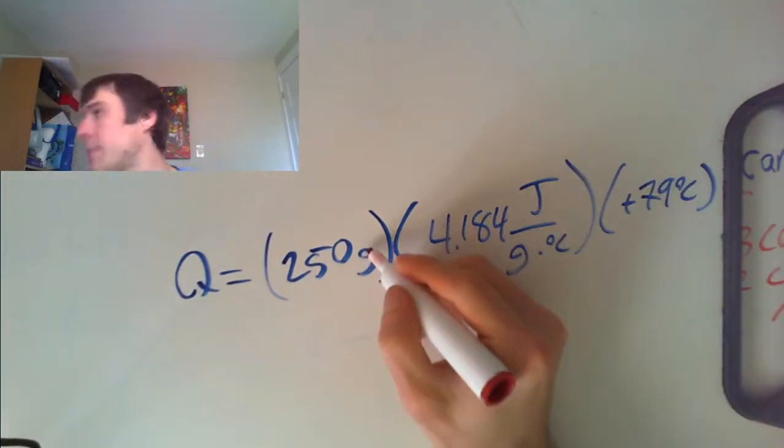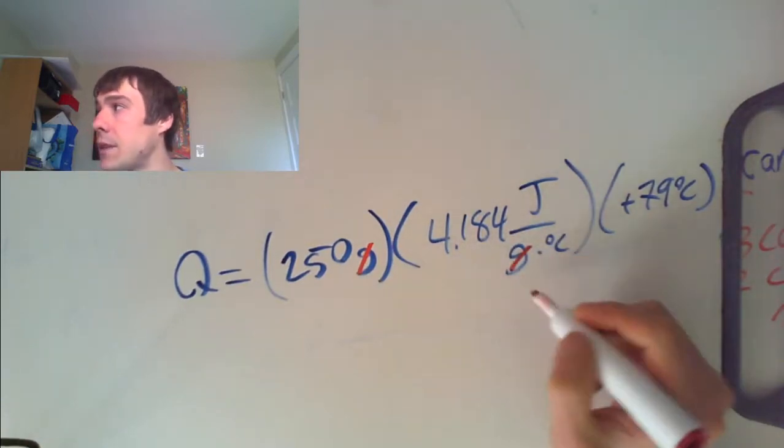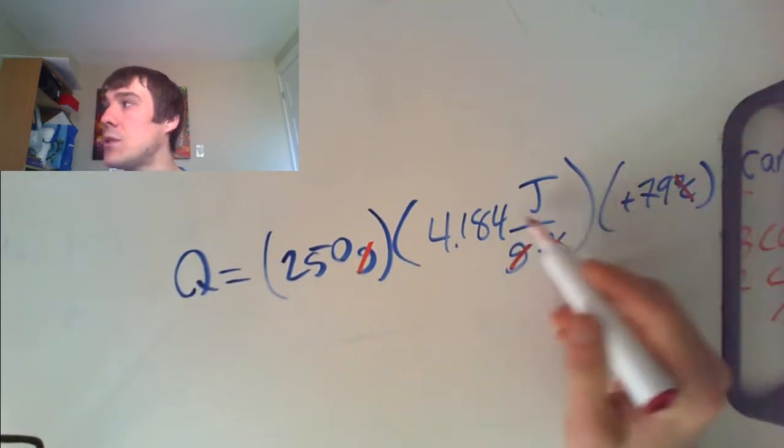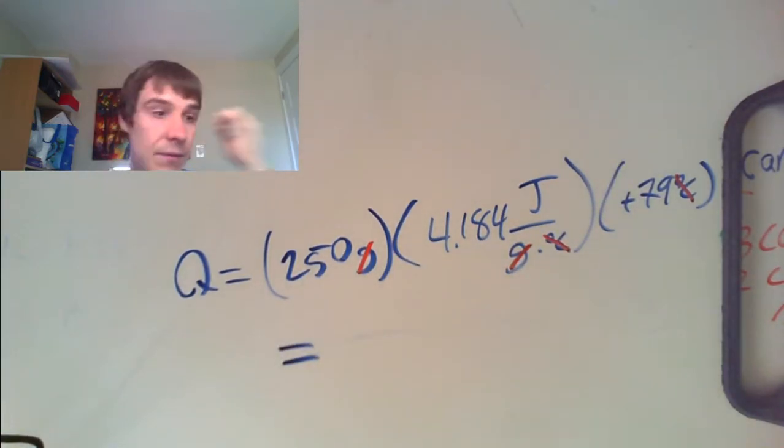So the grams is on top here. It's going to cancel the grams down here. Grams are canceled. That's good. The degrees Celsius down here is going to cancel the degrees Celsius here, and we're left with just joules. Joules per 1, right? They reduce to 1. And then we throw that through a calculator and we figure out what we get.